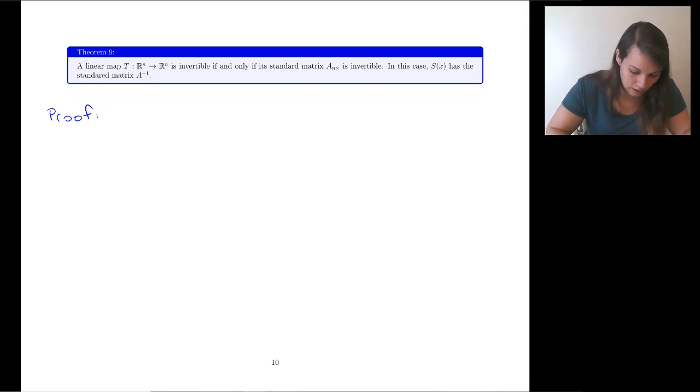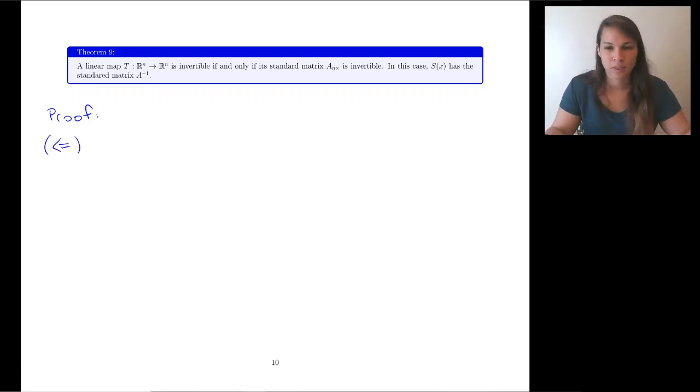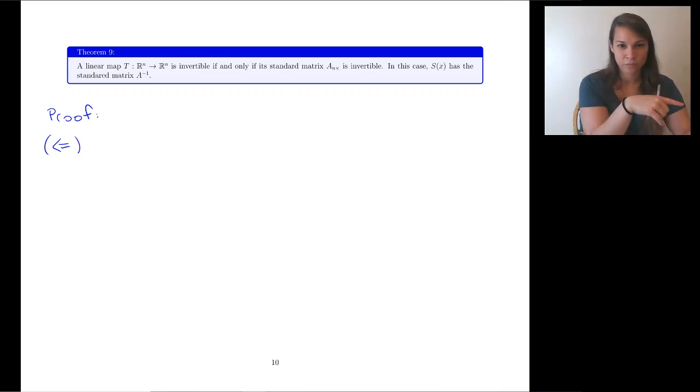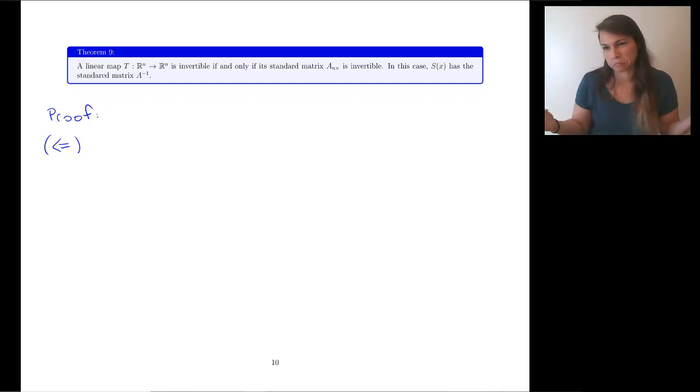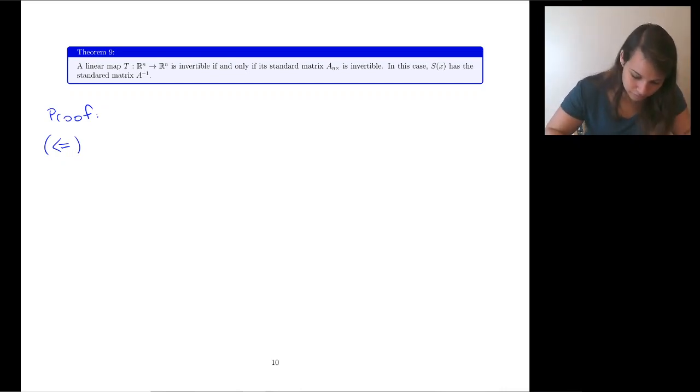Okay. I think it's easier to start with the matrix side. So A invertible implies T is invertible, simply because we started with matrices before we moved into functions. So we're going to assume A is invertible.